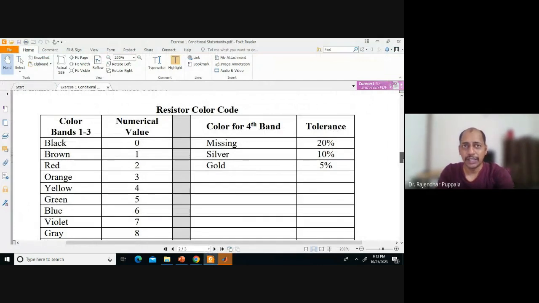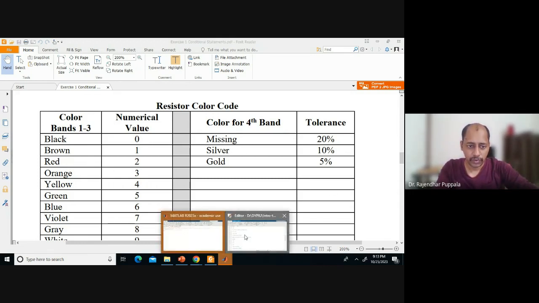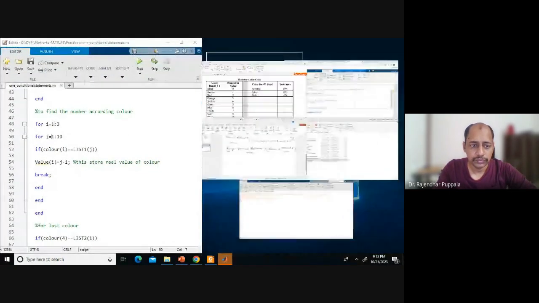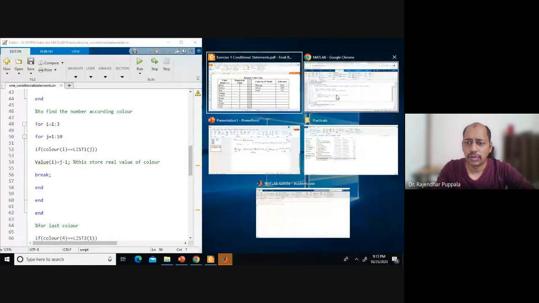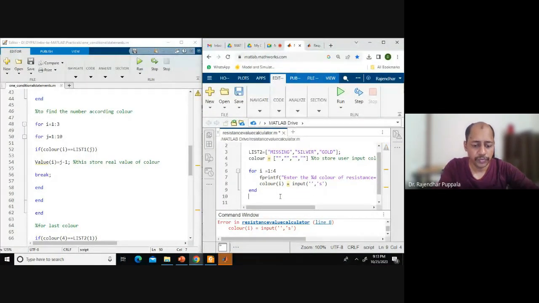If the second input is also given as red, again the second number will be given with the value 2 here, right? I will explain you here. Let's try to write the program first.